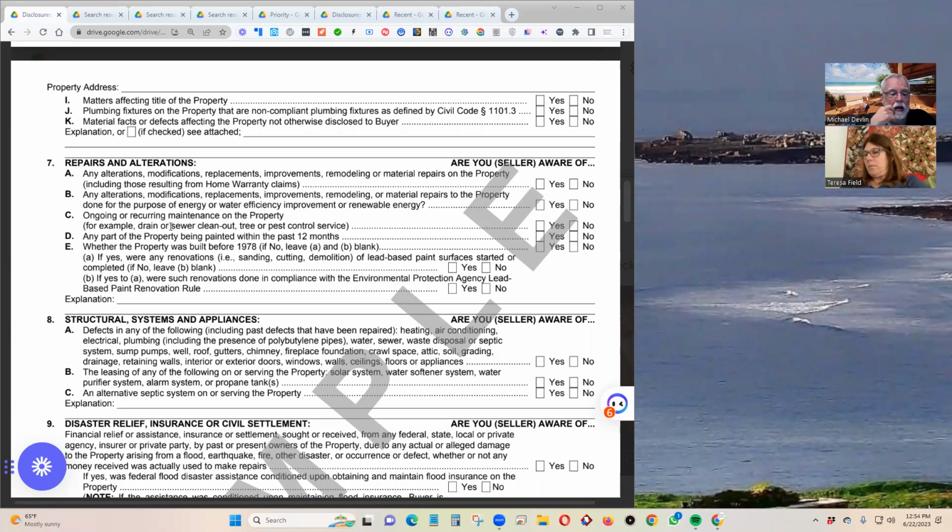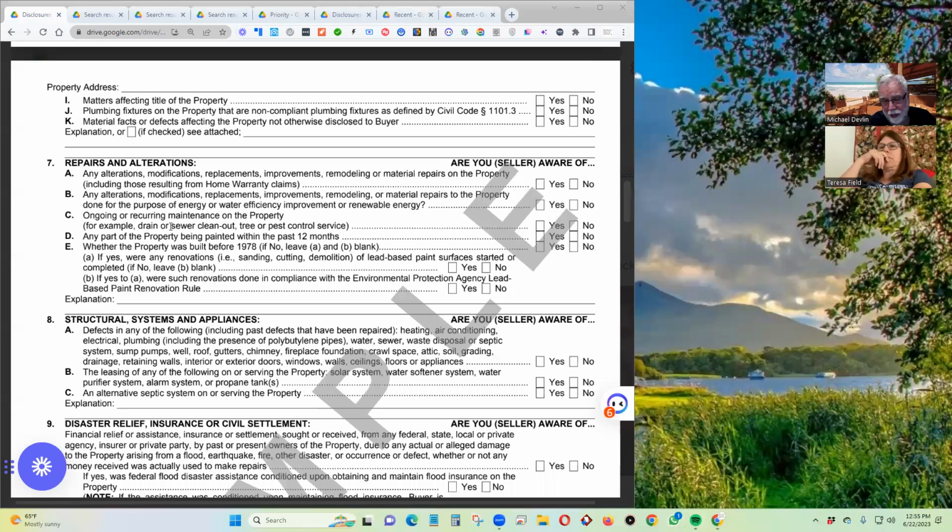And any part of the property painted in the last 12 months, whether it was built before 1978. Now, the reason for that is that if it was built before 1978, with a few small exceptions, there's a lead-based paint disclosure. Now, the lead-based paint disclosure doesn't require that you have tests done to see if there's lead paint.